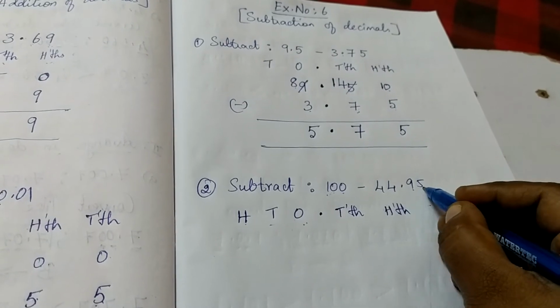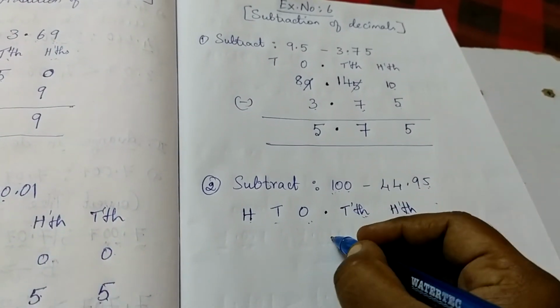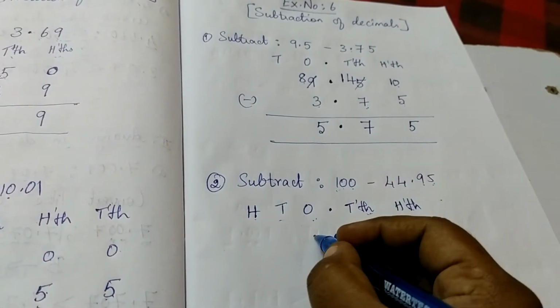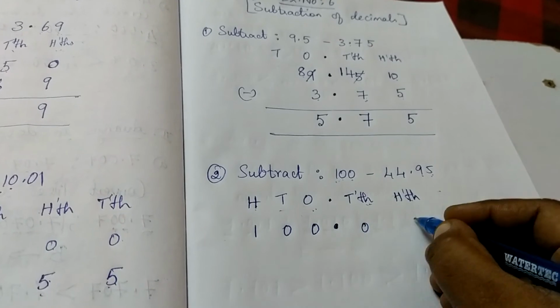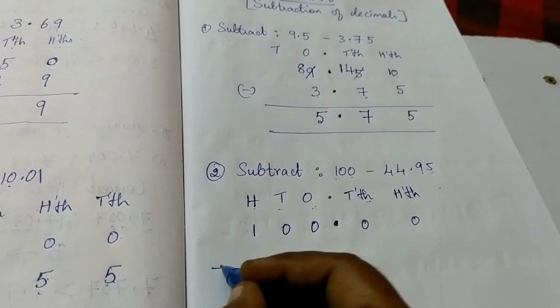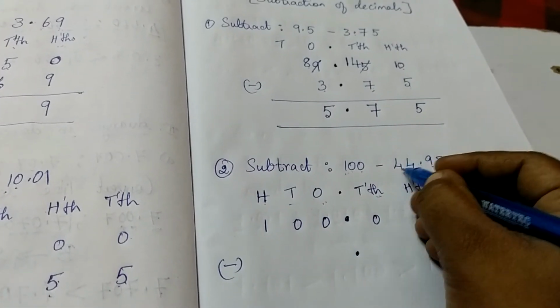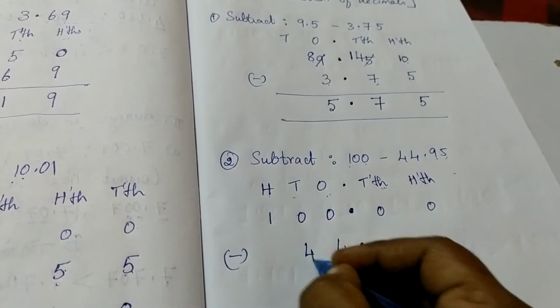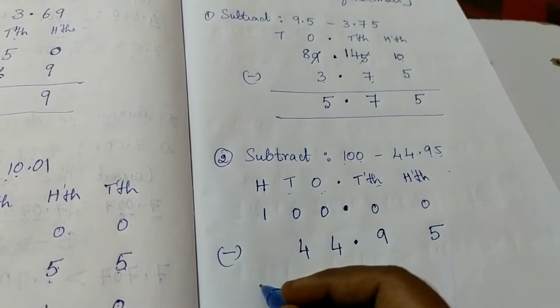After decimal here only 2 places are there, so I am stopping with 2 places. Decimal: 100, 0, 0, 1. Here after decimal no values. Now subtract. Before decimal 44 and after decimal 9, 5.